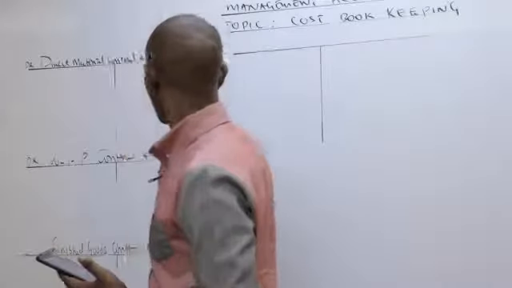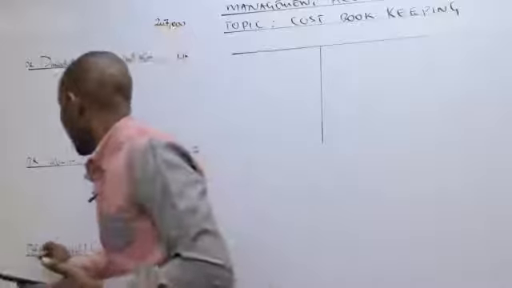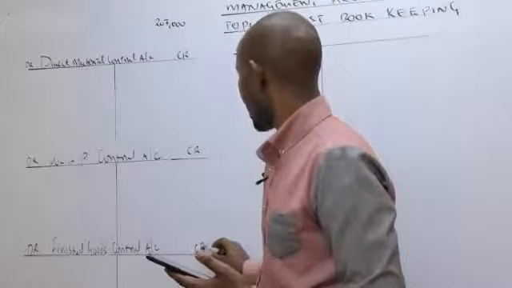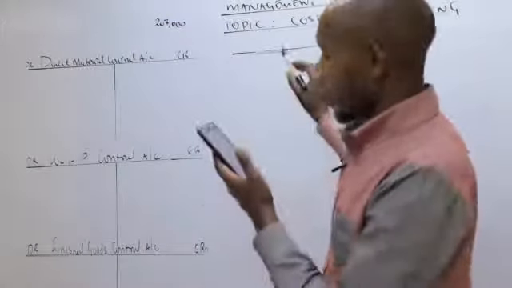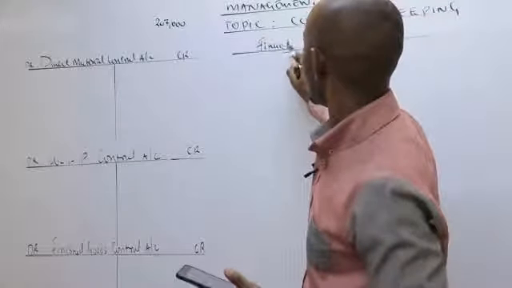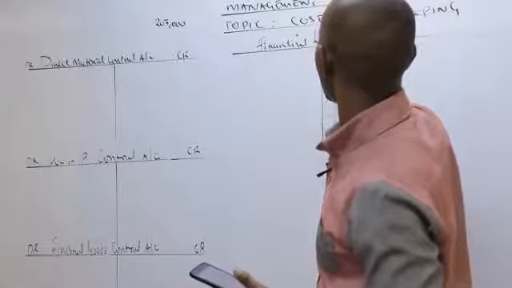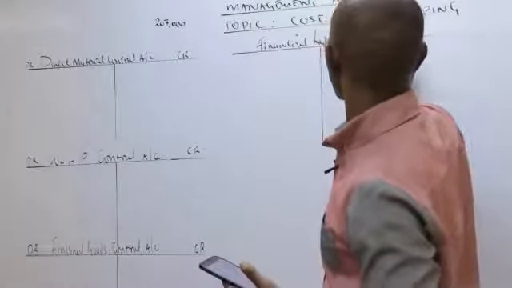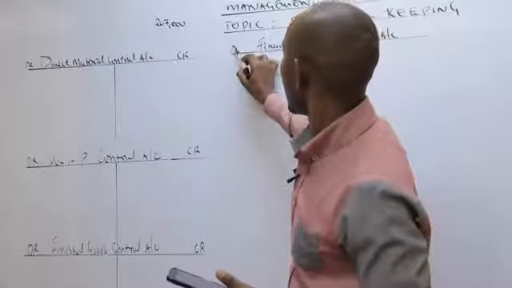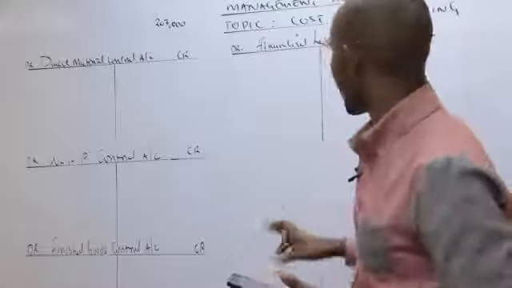This is debit, credit, debit, credit, debit, credit. Then we have our financial ledger control account, debit and credit.